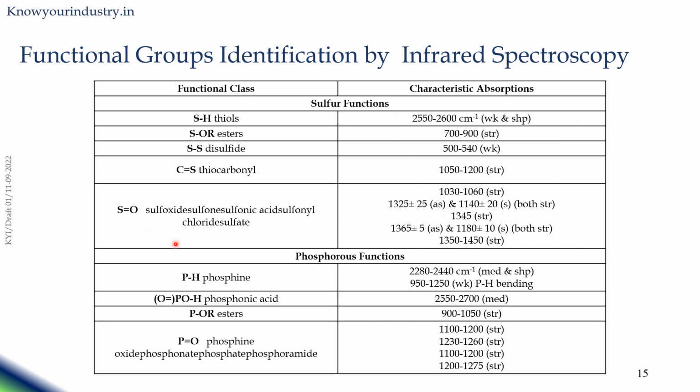S=O also falls in a specified wave number region. In the case of phosphorus functions, phosphine, phosphoric acid, P-OR esters, and P=O groups fall in specific wave number regions and can be identified from the spectra.